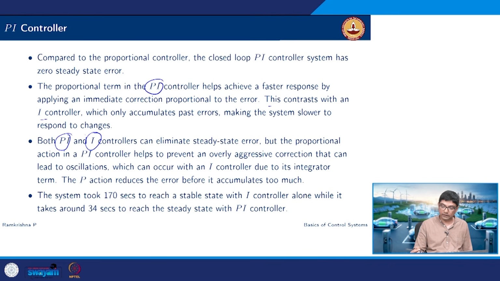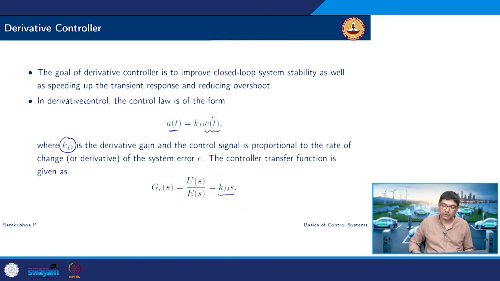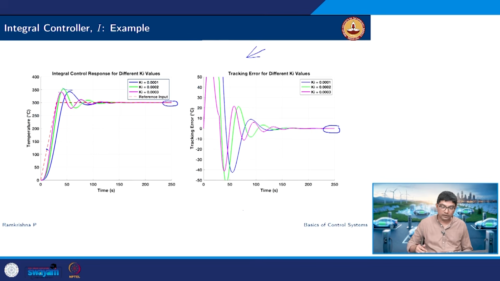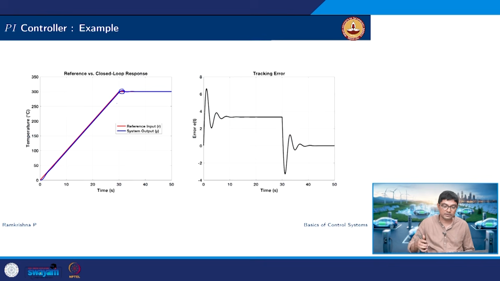Okay. If we compare the time taken, we just look at these two. With a pure integral control, in the same example, it took about 150 somewhere here to stabilize, a fairly large time. And if I look at a P plus I control, it stabilizes much faster, somewhere around this.